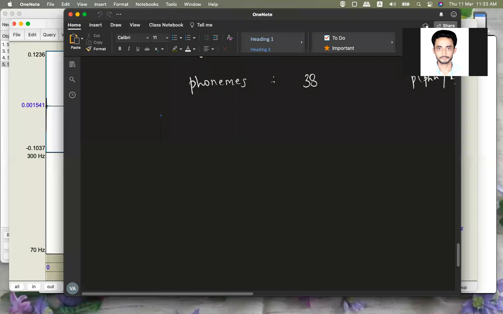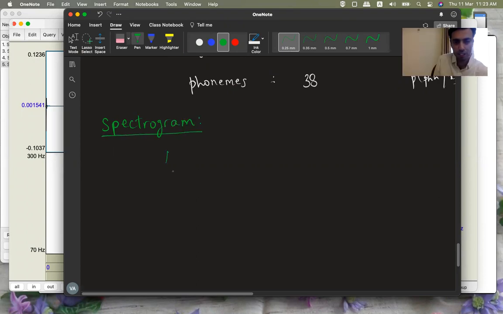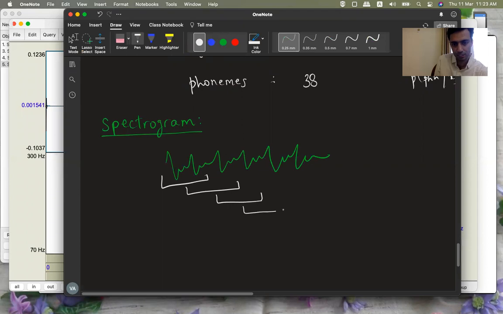So what is a spectrogram? You have your speech. What you do is you take small windows with a constant hop size and constant window size.